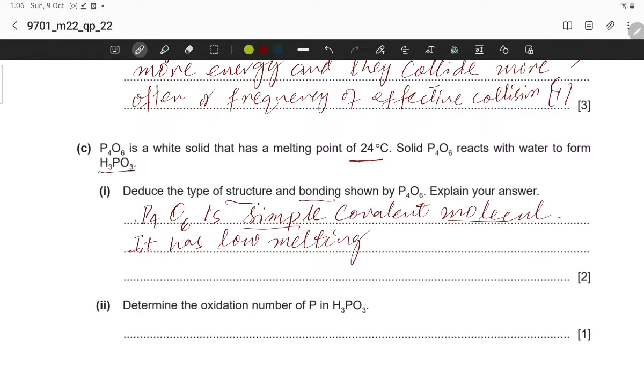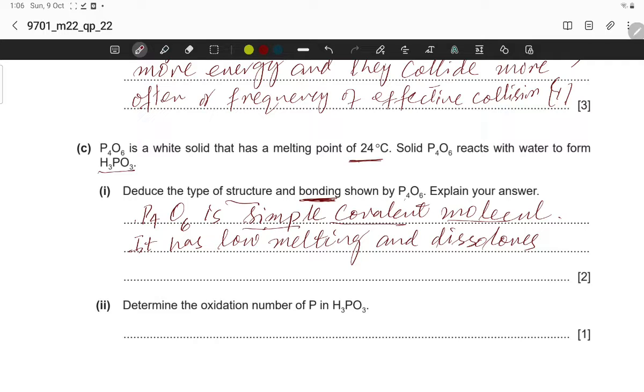The structure is simple molecule and the bonding is covalent.